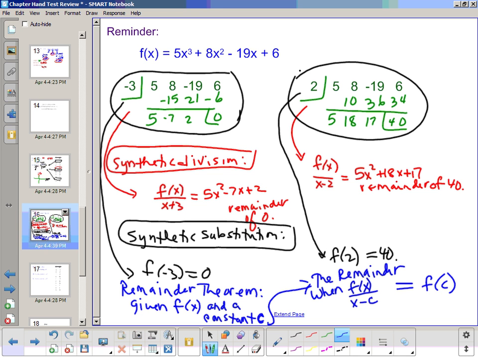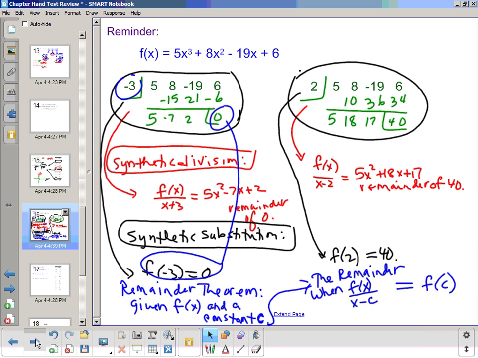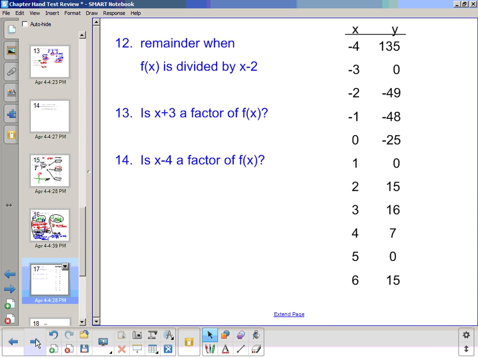So the remainder for our division equals f of the value given here. Now that is really helpful in quickly doing these problems.